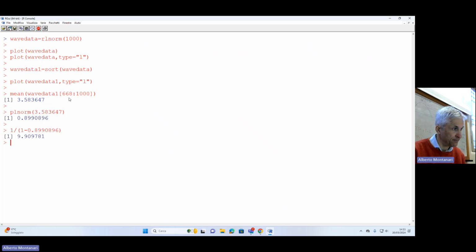Okay, so return period is 1 divided by 1 minus 0.8990896. It's 10 years. If the data are recorded once every year, if the data are annual maxima, the return period of the significant wave height defined in this way is 10 years.